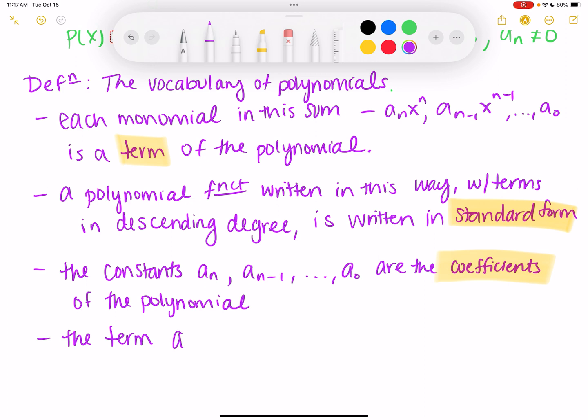The term a sub n x to the n is the leading term. And a sub 0 is the constant term.